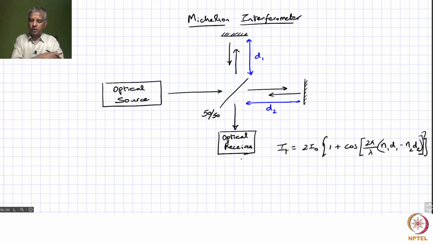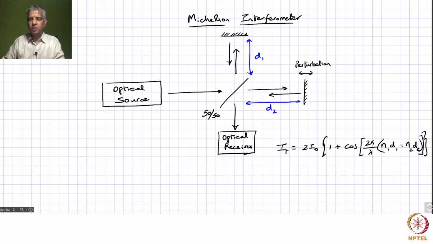For example, if the mirror is jittering around, let's say this is the reference path, so you have kept it rock solid, it's not perturbed, but this one is going through some perturbation, maybe some vibration of the mirror, then that will change D2.